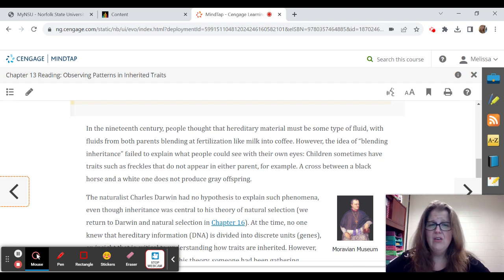However, this really didn't explain having offspring that have traits that weren't in both parents, say like freckles. That's said in your textbook. And genetics is not as simple as a blending of the two parents.